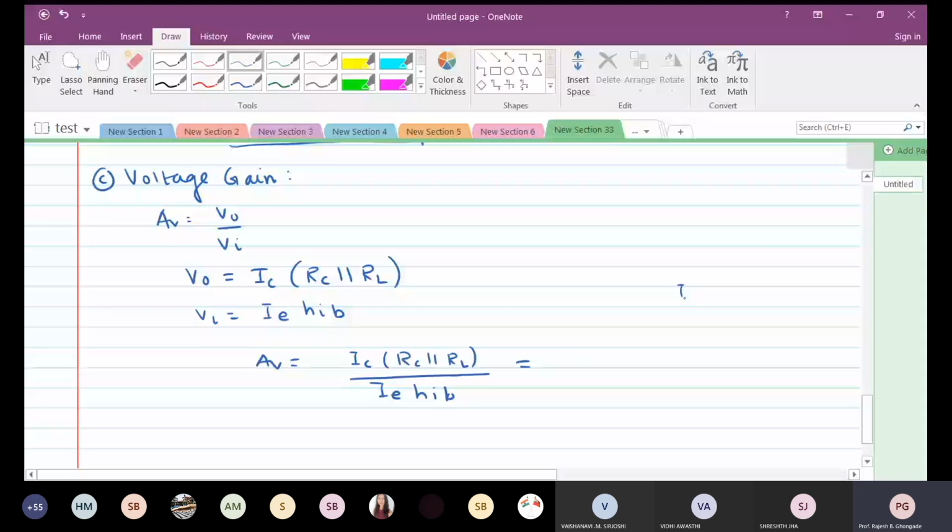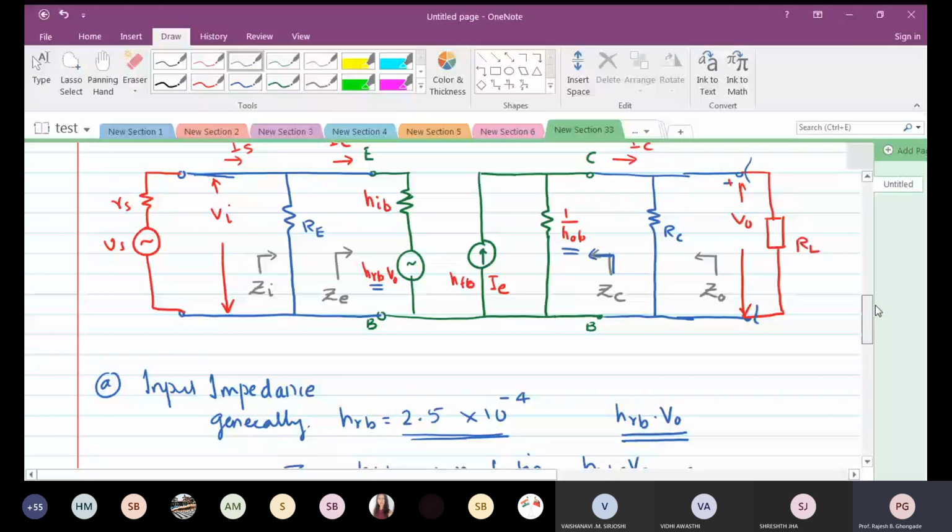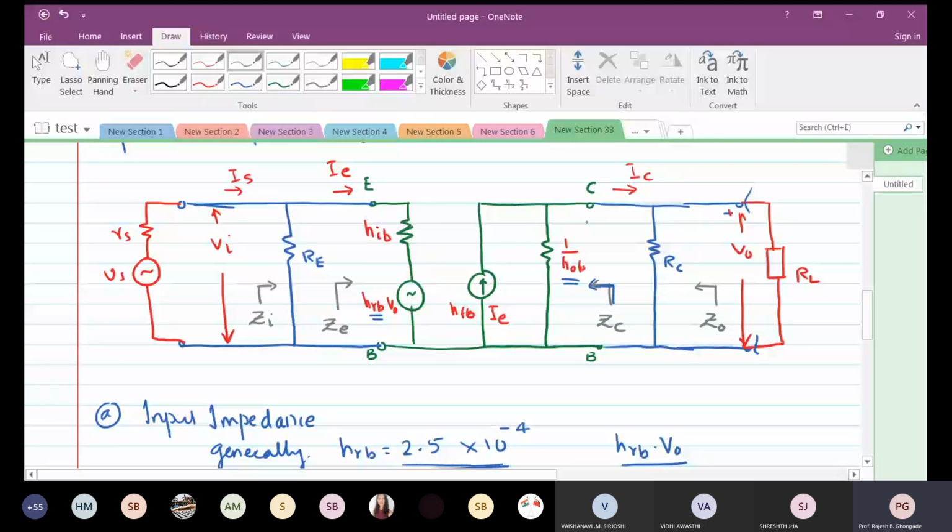Or I can simply write this. What is the ratio IC by IE? In case of common base, it is HFB. See here, this IC is generated because of HFB into IE.